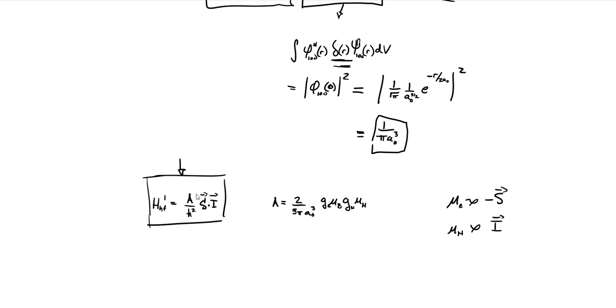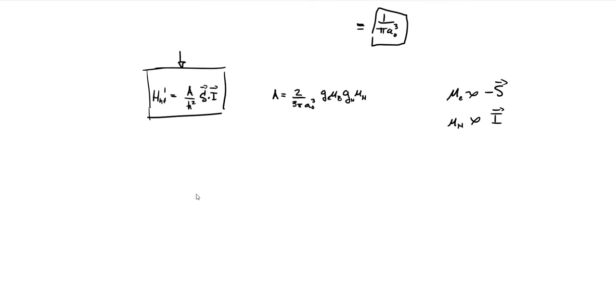Essentially, this is how we're going to take this into account. We're going to use perturbation theory on this Hamiltonian and look at how it's going to perturb or change those unperturbed, or simple, hydrogen energy eigenfunctions that we derived when we were looking at that atom. We're going to put that off until the next video.